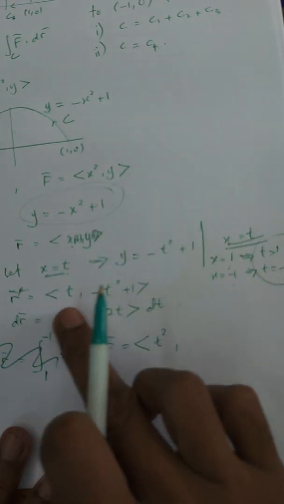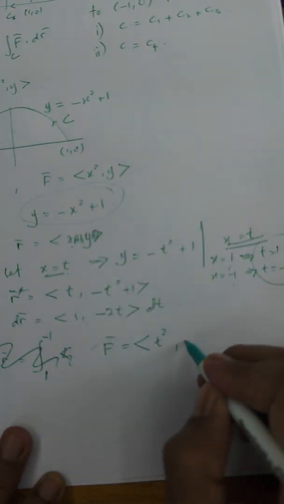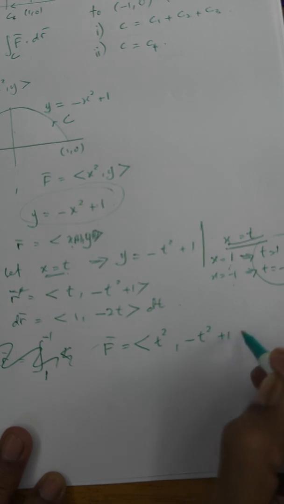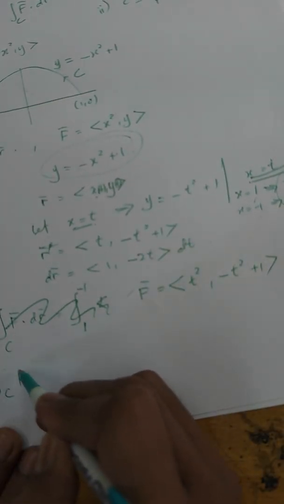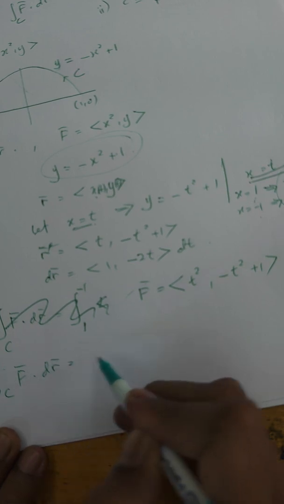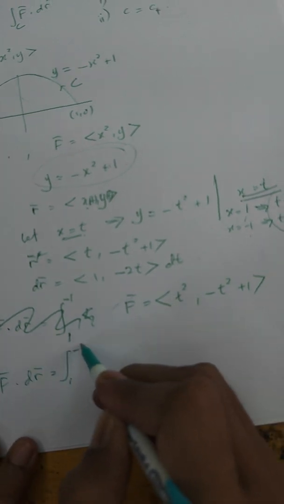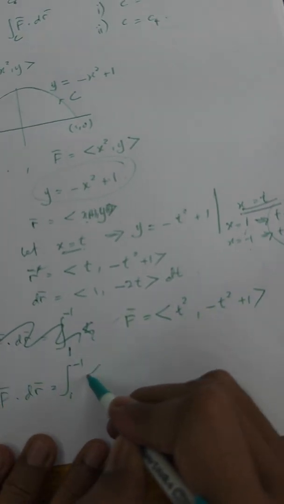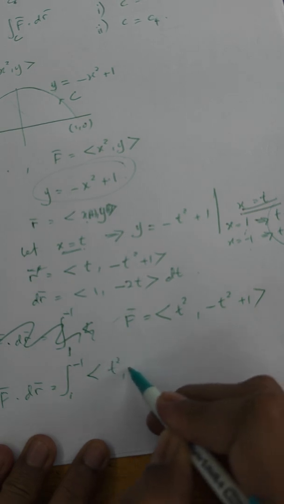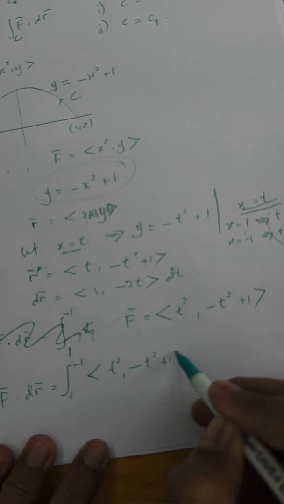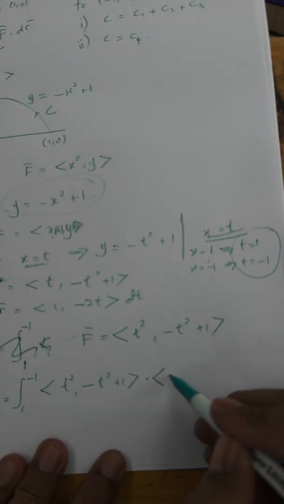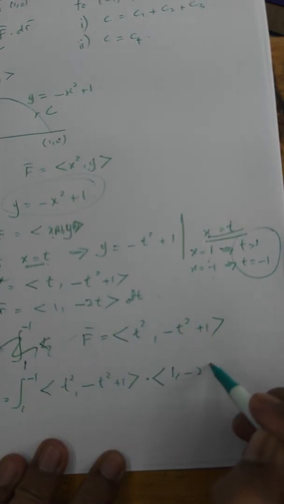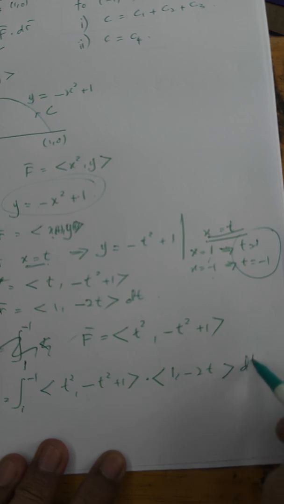Our y is minus t squared plus 1. So therefore, the integral of F dot dr over C, from -1 to 1, has F as t squared, minus t squared plus 1, dot our dr, which is 1 minus 2t dt.